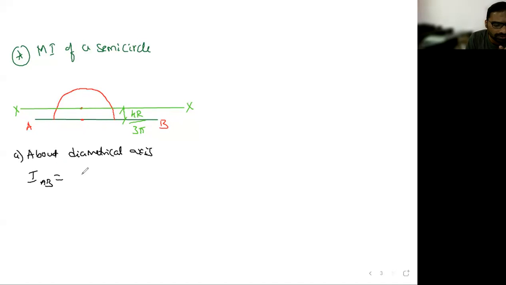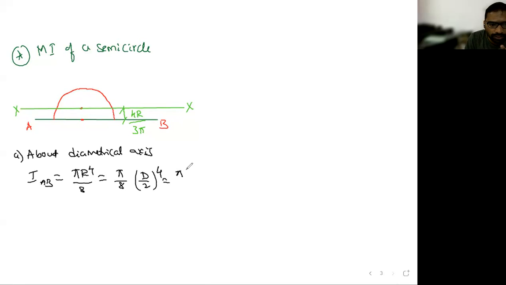I about AB is equal to, can you tell me what is I about AB? Pi r raised to 4 divided by 8, correct, everyone? Okay, I will write it is pi by 8. What is r in terms of d? D by 2, whole raised to 4.